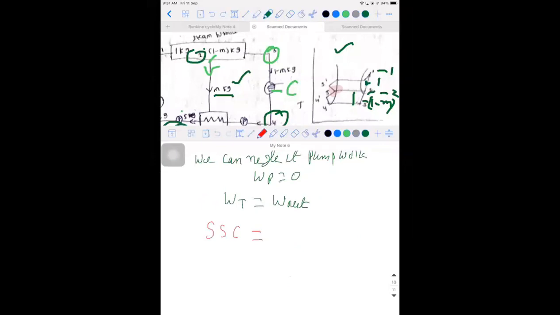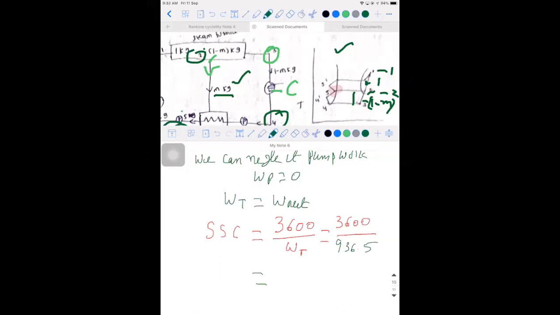This is given as 3600 divided by W turbine or net WT, which is 3600 divided by 936. And it is equal to how much, sir?